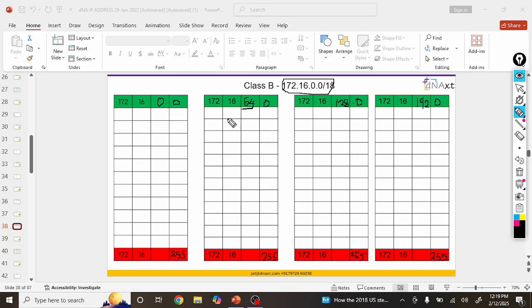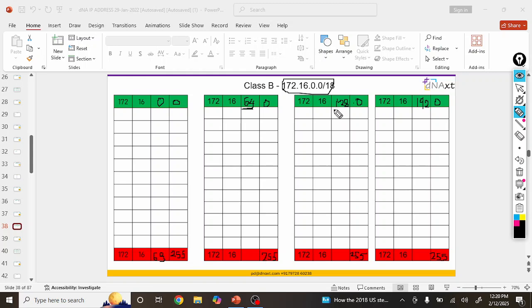Now we have also discussed that your broadcast ID will be the previous ID of the next subnet's network ID. So simply, the third octet has 64, so here it will be 63.